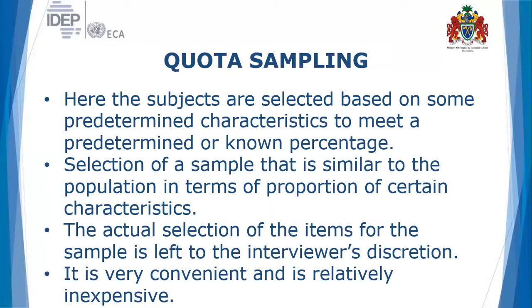So this can be based on gender. Evaluators might be interested in making sure that all genders are included in a population, so females, males, and also maybe other groups like the youth, the elderly, and other groups as defined based on specific characteristics, to meet certain proportions of the sample.